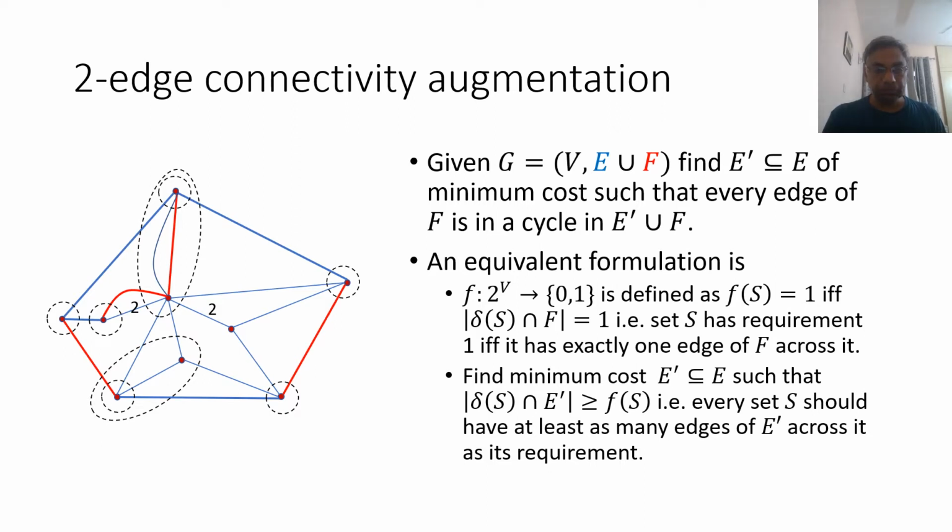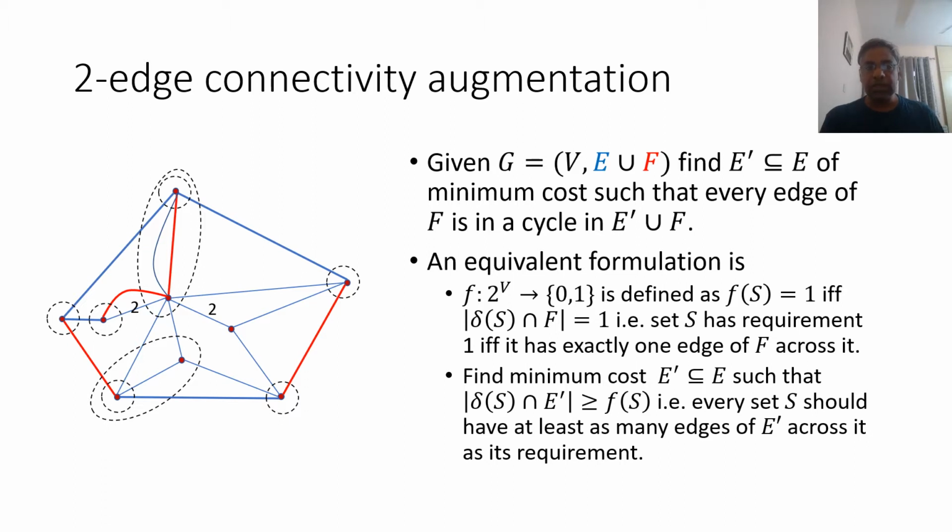Okay. Now, there's another way of formulating this, and that is using requirement functions on sets. So let f be a requirement function on subsets of vertices, which is a 0, 1 function, defined so that a set of vertices has a requirement of 1 if there is exactly one red edge across the set.